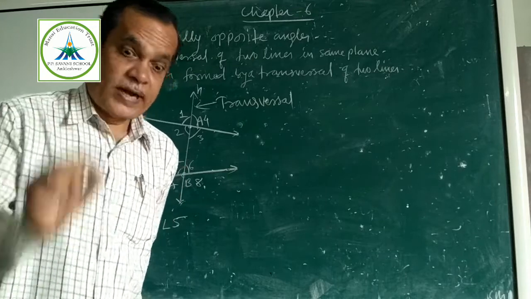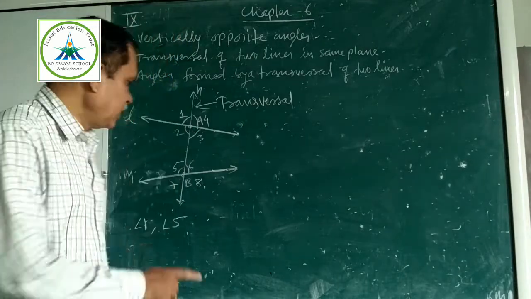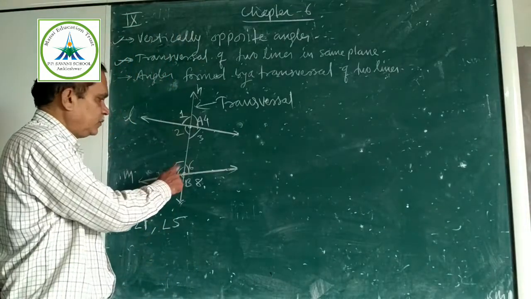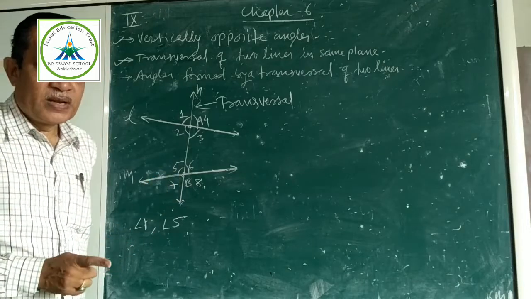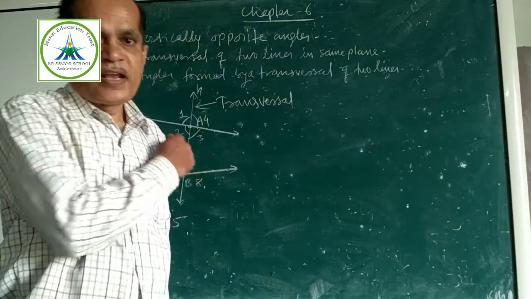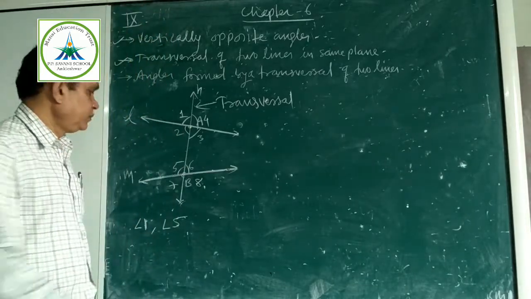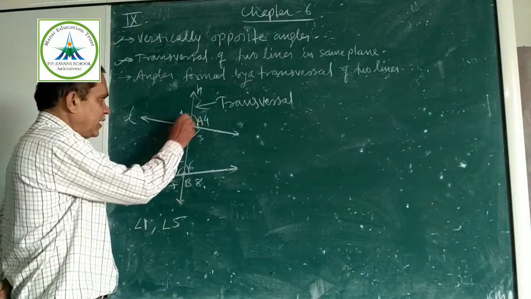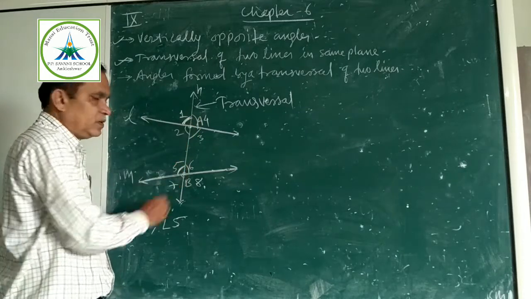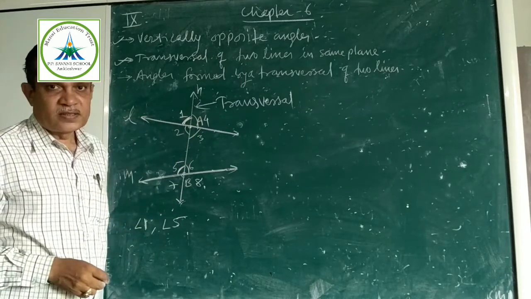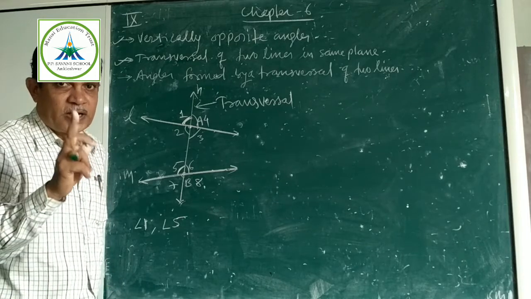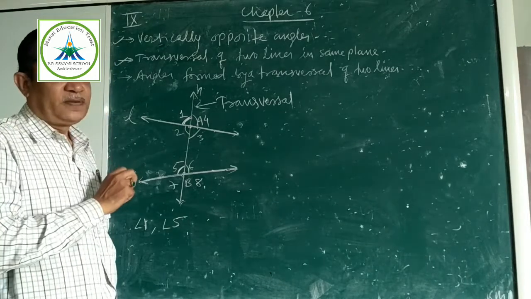If you have a notebook, write it down. Angle 1, angle 5. Tell me similar pairs of angles from this diagram. I am waiting for 2 seconds. Look at yourself. Like 1, 5. Like this. Find the pairs.